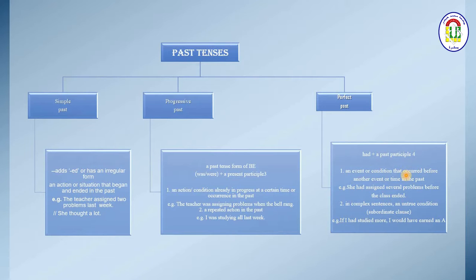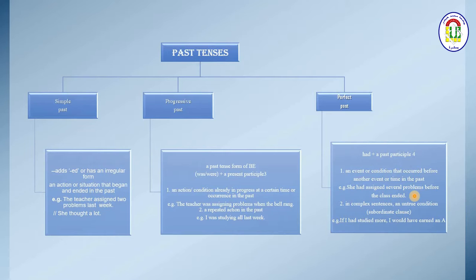So the first one normally is in the past perfect, and the second one is in the simple past. Here we have, she had assigned several problems before the class ended. So when the class ended, it had already or she had already assigned normally the problems.